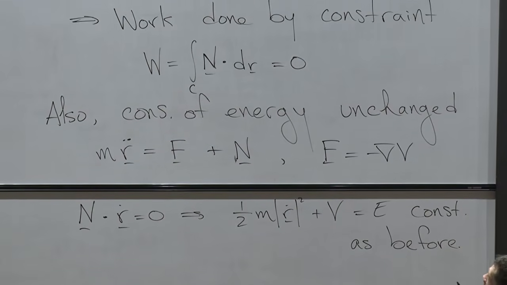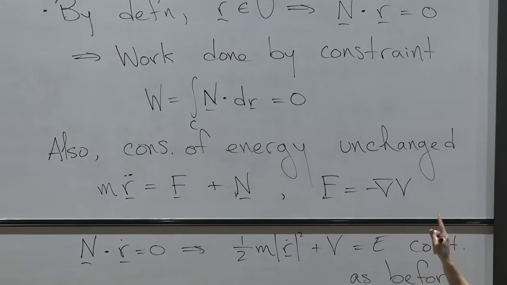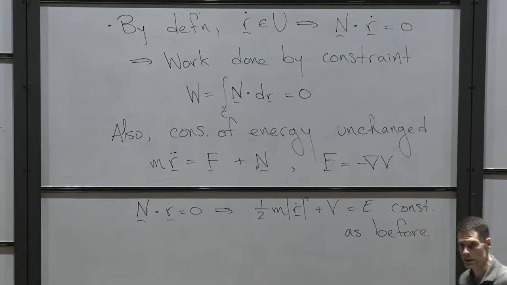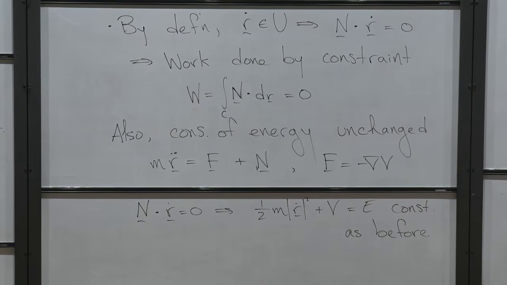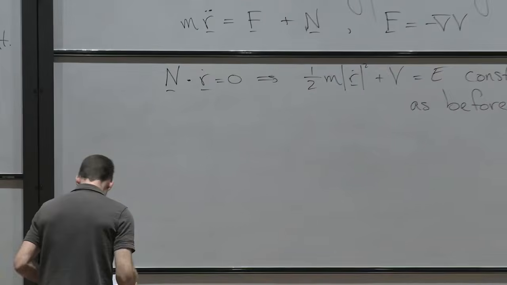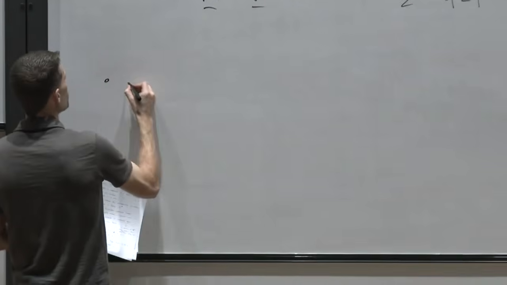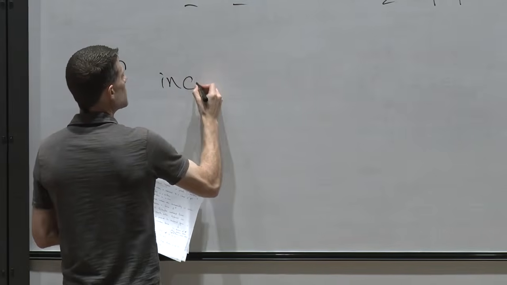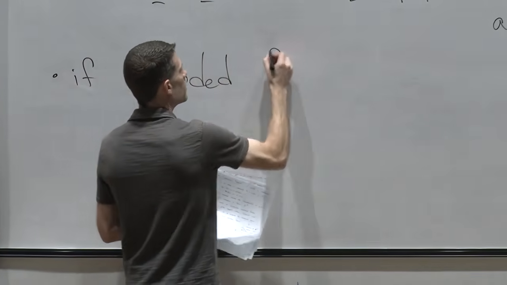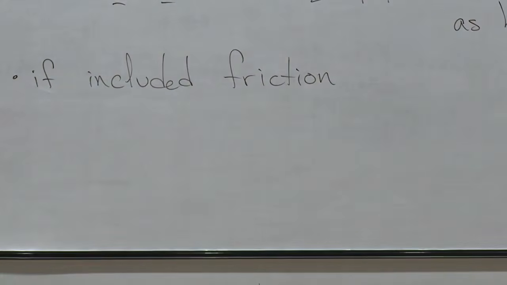Okay, so that's assuming frictionless. Just to have a complete picture, let's think what would happen if I did have friction. So whichever friction model we have in mind, the key to friction is that it's opposing motion, right?